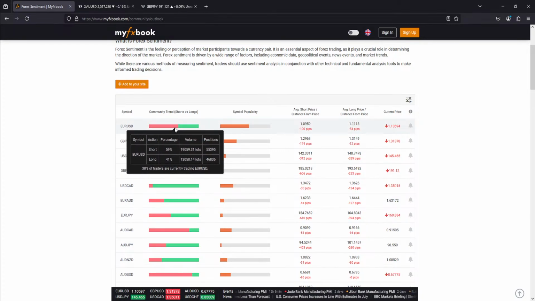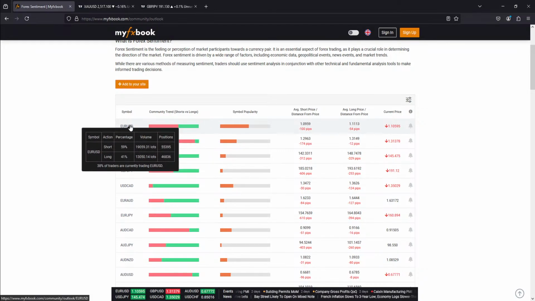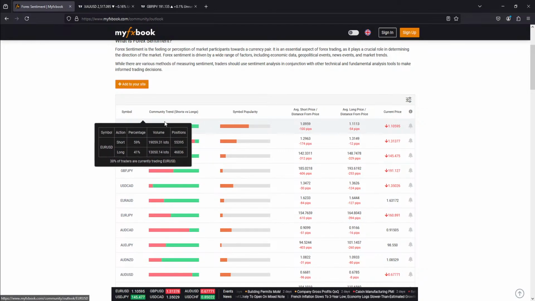If you look over here, 59% of traders are sitting in short in EUR/USD, and 41% are sitting in long, right? So how can you actually take benefit of this?